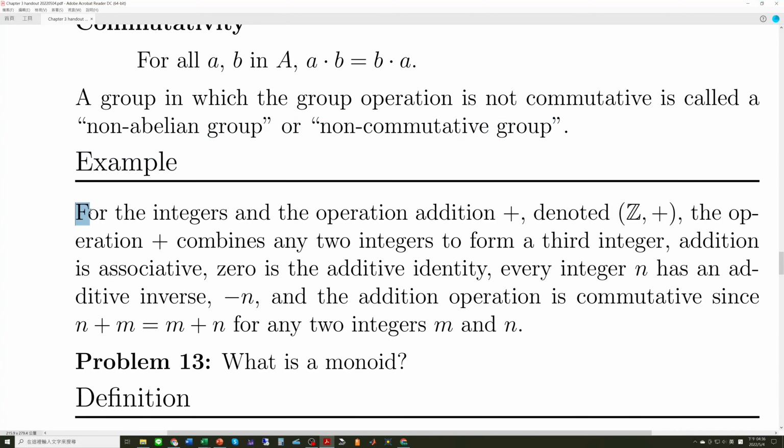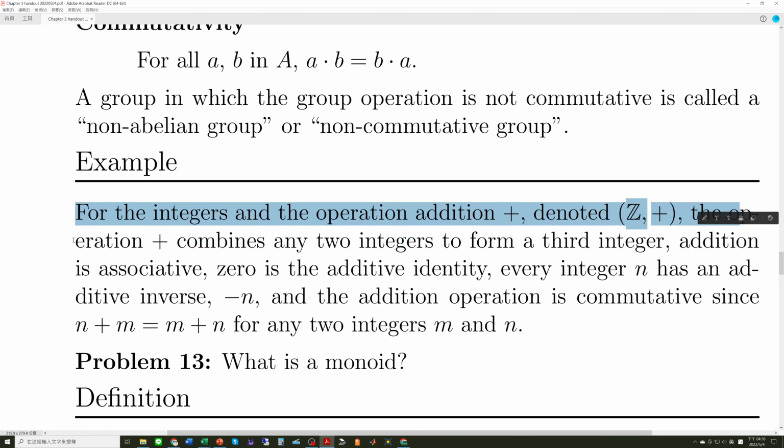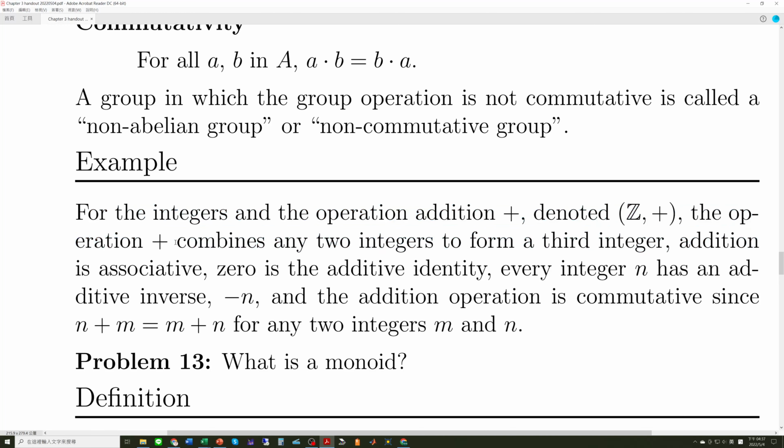For the integers and the operation addition plus, denoted Z plus. The operation plus combines any two integers to form a third integer. Addition is associative. 0 is the additive identity.